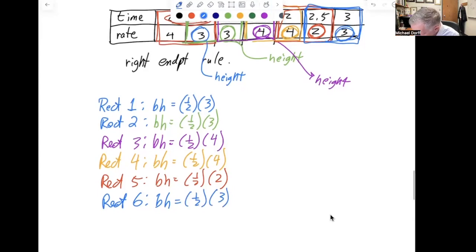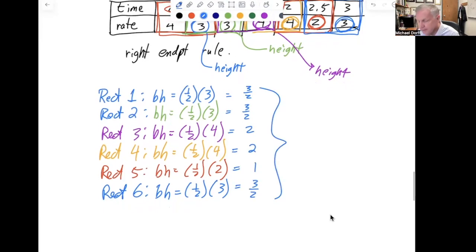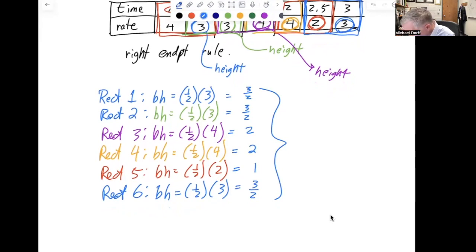Okay, so then just doing these all together, I get 3 halves, 3 halves, I get 2, here I get 2, here I get 1, and here I get 3 halves. And adding these all together, because we're just adding all the rectangles together, I get 3 halves plus 3 halves plus 2 plus 2 plus 1 plus 3 halves.